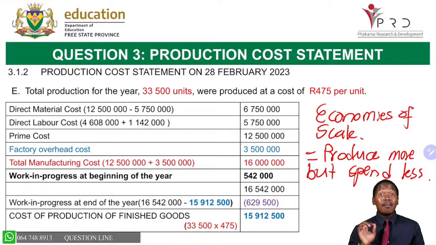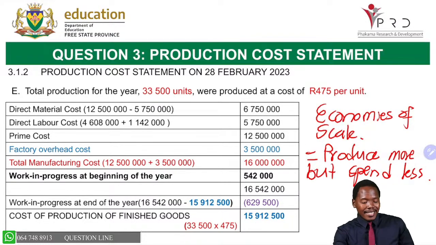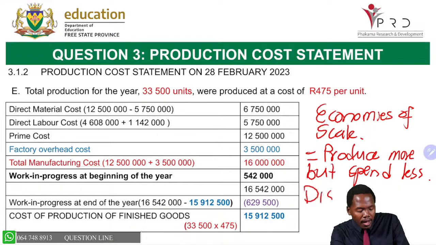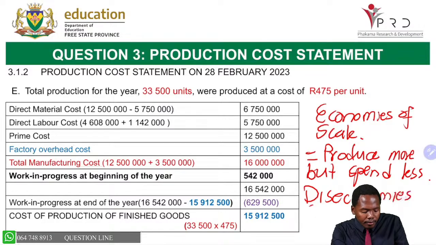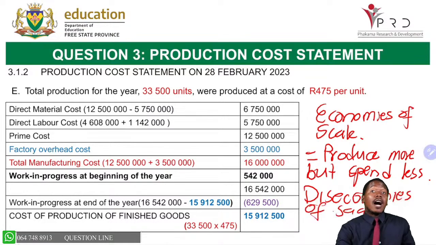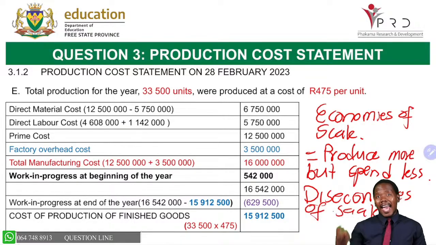We are producing more but we are spending less. We also have the opposite, diseconomies of scale. This one is now we are producing less but we are spending more.